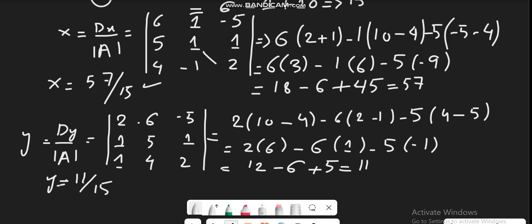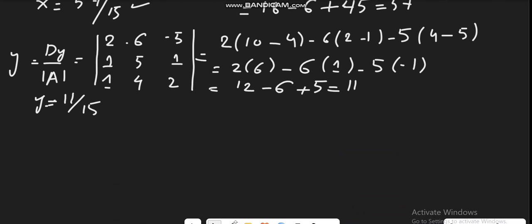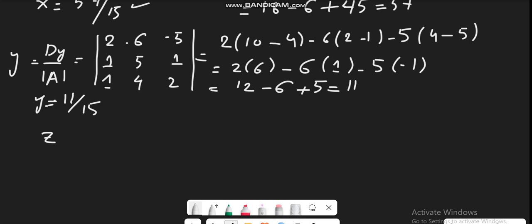The last step is to find the value of z. We will write z is equal to dz divided by the determinant of A. Now we will keep the first row as it is, which is 2 1 1.